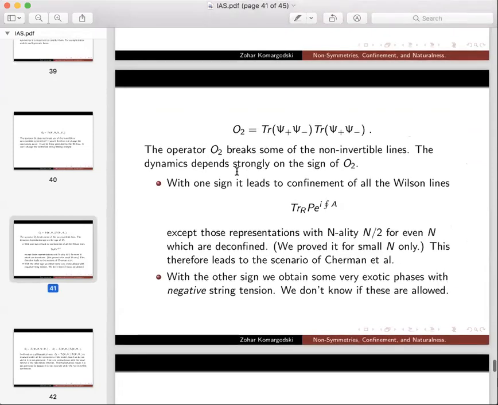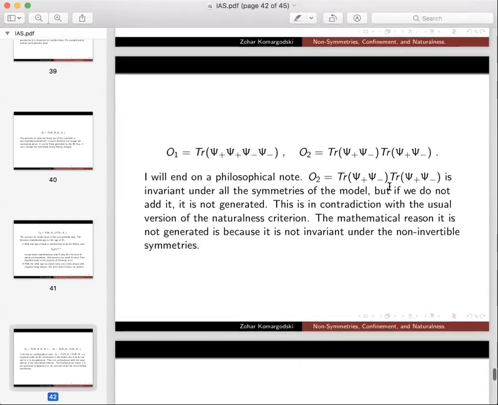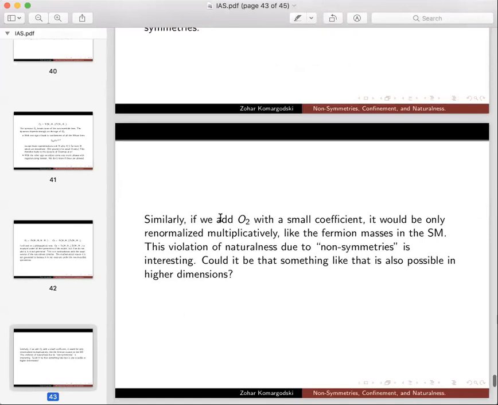The answer is that this operator breaks some non-invertible symmetries. So we see that the criterion of naturalness applies to non-invertible symmetries too. And actually, if you were to add this operator with a small coefficient, it would only be renormalized multiplicatively. So that's very much like fermion masses in the standard model. And of course, one can speculate that maybe something like that is interesting also in higher dimensions.